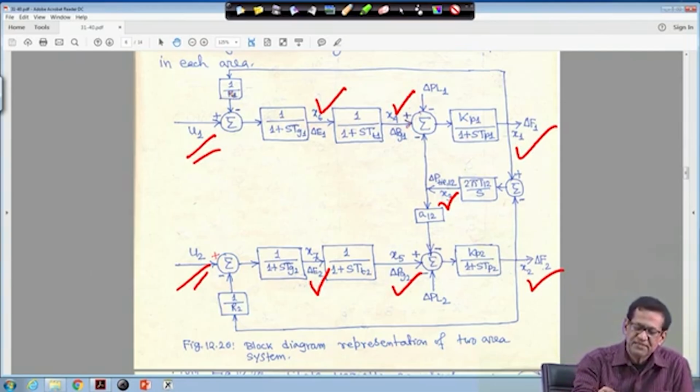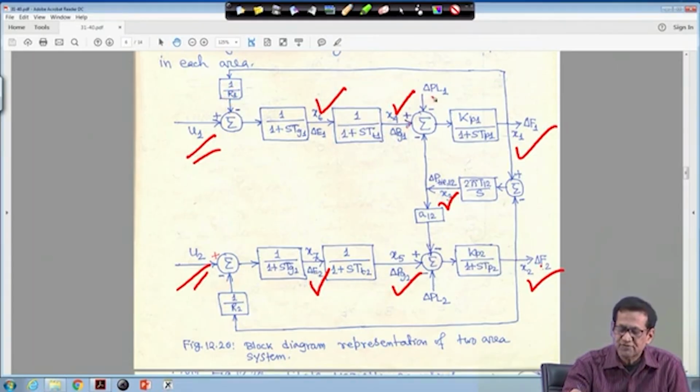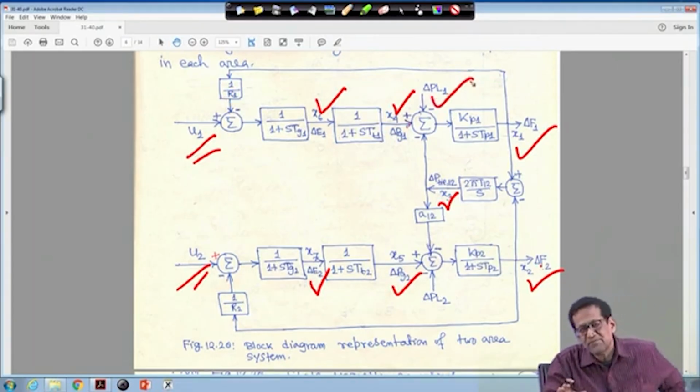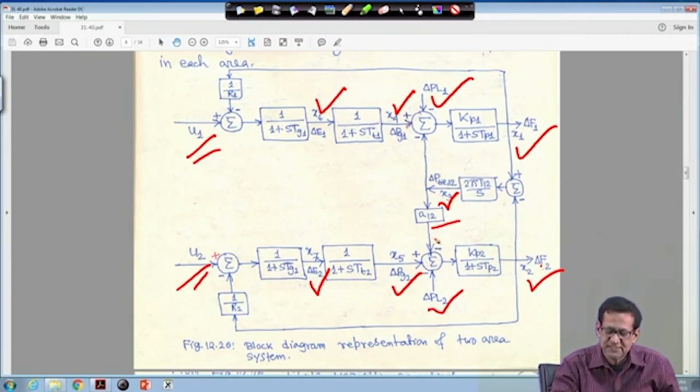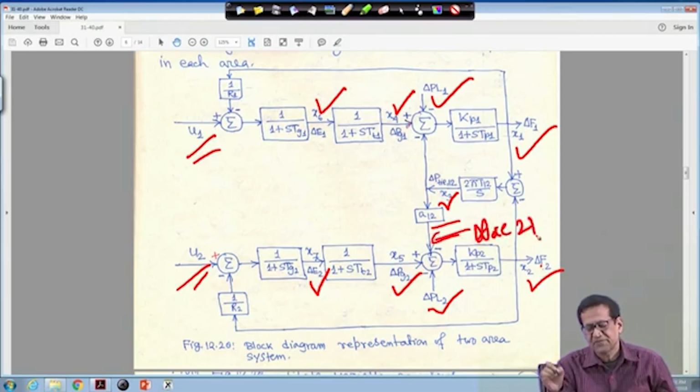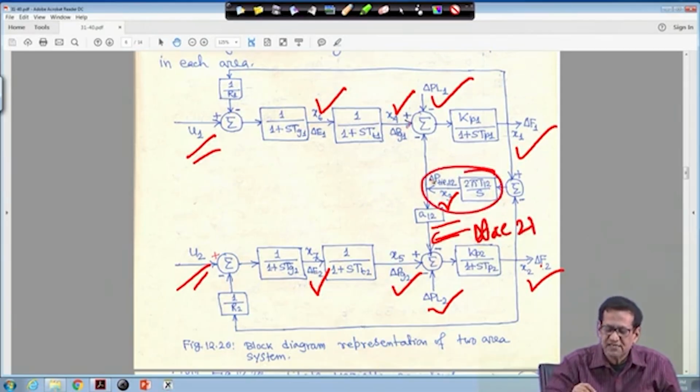This side is minus 1 upon R1 delta f1 and this side minus 1 upon R2 delta f2, and this is the load disturbance delta PL1. All part by part we have seen, now we have combined together. This is delta PL2 and this is A12, that is delta P tie 2-1, and this portion is the tie line modeling.